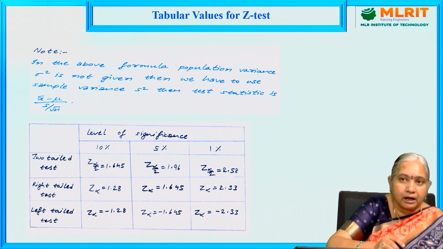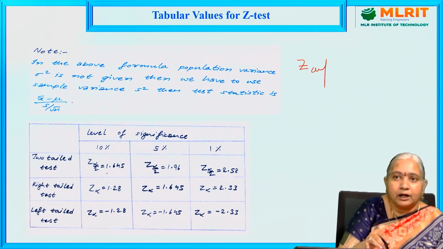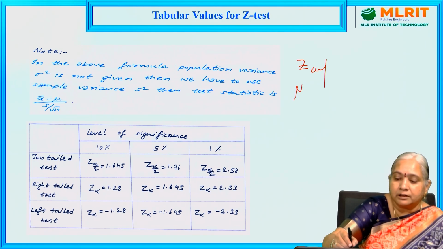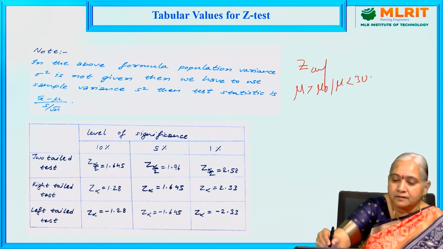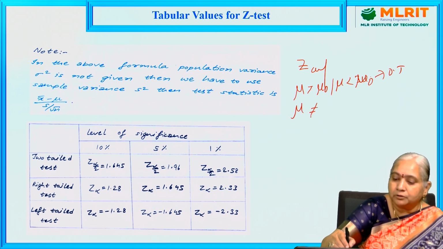We compare our calculated Z value with this tabular value, based on the alternative hypothesis, whether mu is greater than mu naught or mu less than mu naught, which is a one-tailed test, or mu not equal to mu naught, which is a two-tailed test.